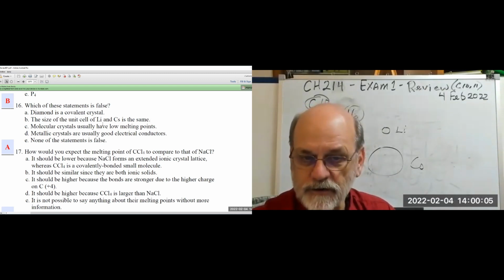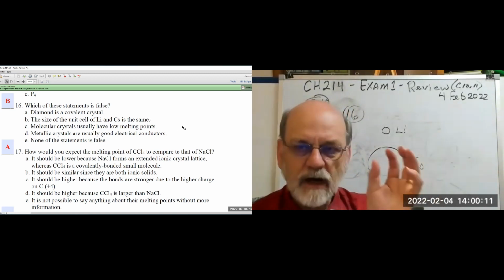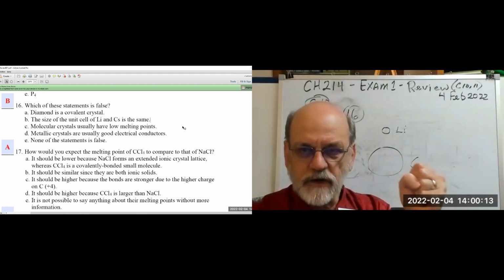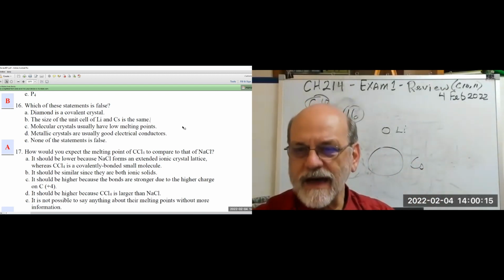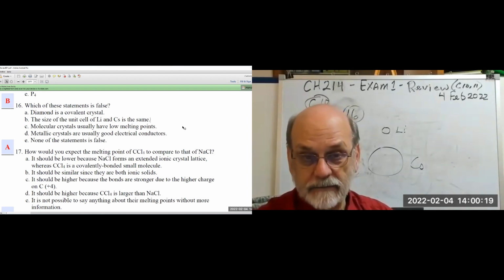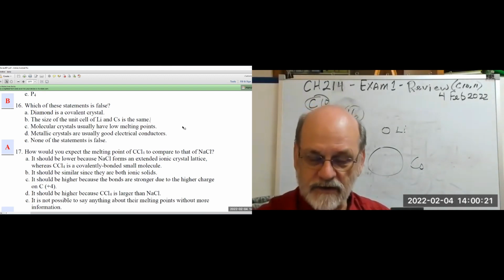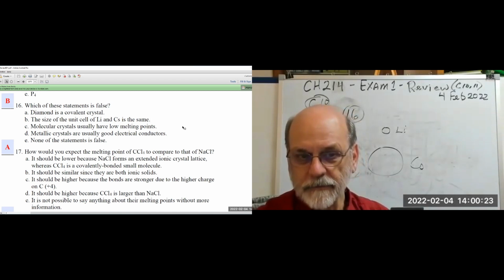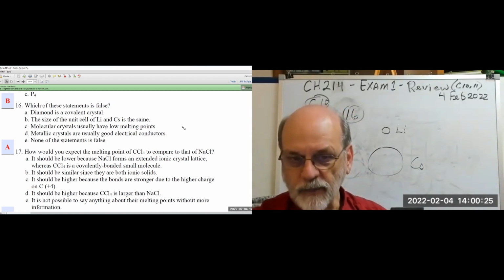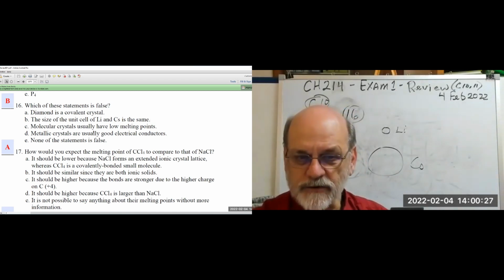C, molecular crystals usually have low melting points. Yeah. Molecular crystals, that is, individual molecules bound together. So what do they have available to them? They don't have ionic bonding. They've only got either dipole-dipole or van der Waals, so they tend to have low melting points. D, metallic crystals are usually good electrical conductors.